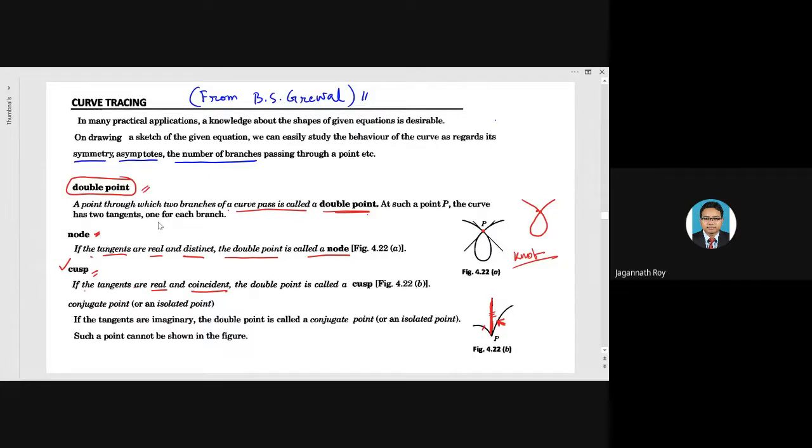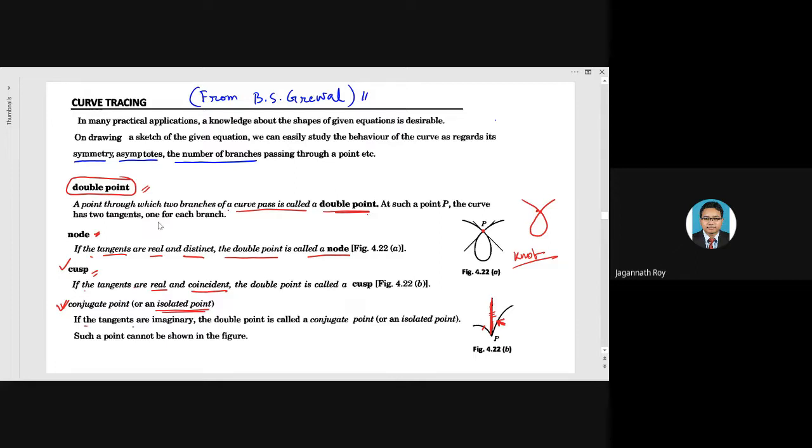Now, if we have a complex situation, there is another point called a conjugate point, or we can call it an isolated point also.